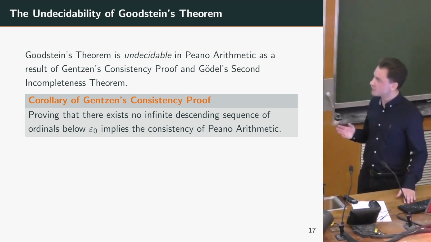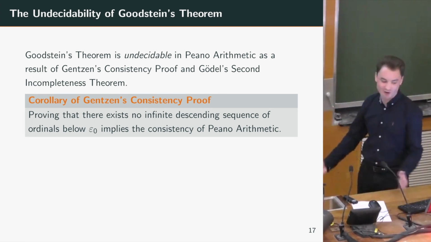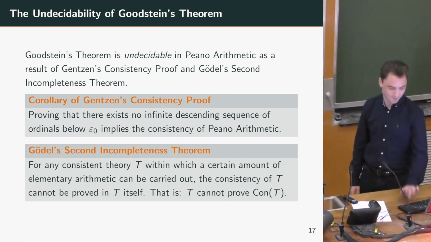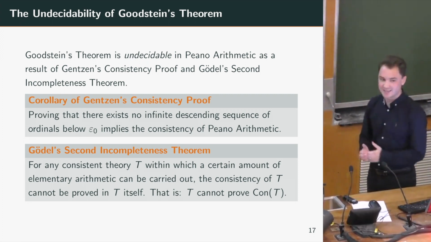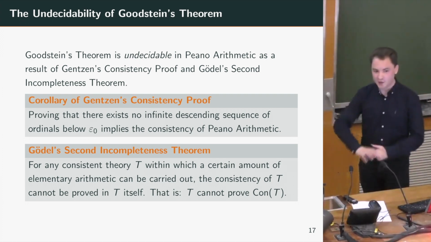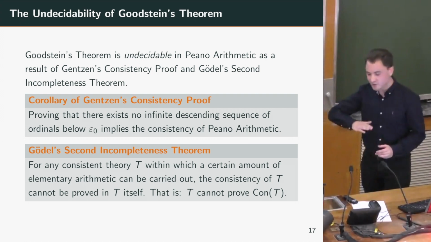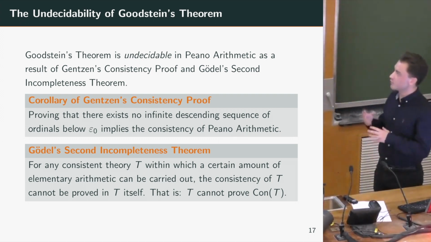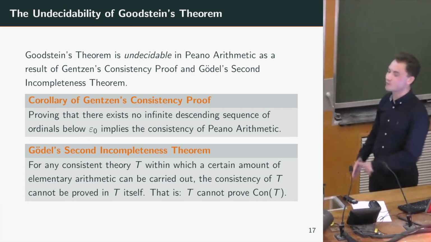So if we can prove Goodstein's theorem, we can prove the consistency of Peano arithmetic, which is great, but why is this significant? Gödel's second incompleteness theorem, that's why it's significant. It essentially says that any theory, for example Peano arithmetic, cannot prove its own consistency if it's consistent. And so if Peano arithmetic can prove Goodstein's theorem, it can prove its own consistency, and then it contradicts Gödel's second incompleteness theorem.